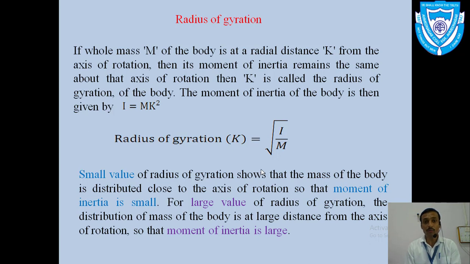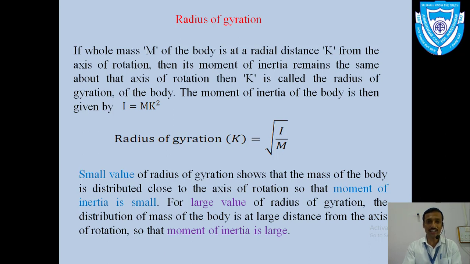For a large value of moment of inertia, the radius of gyration should be large, or vice versa. If radius of gyration is large, then the mass of the body is situated at a large distance away from the axis of rotation, so moment of inertia is also large.